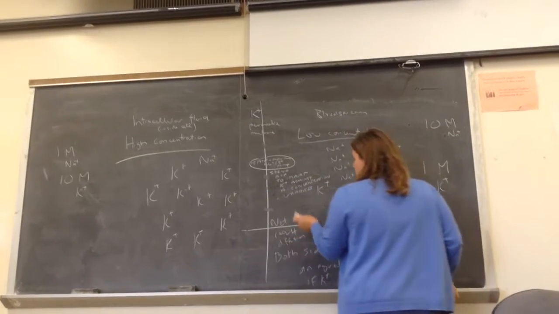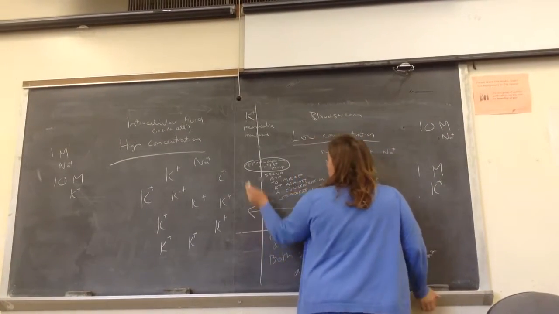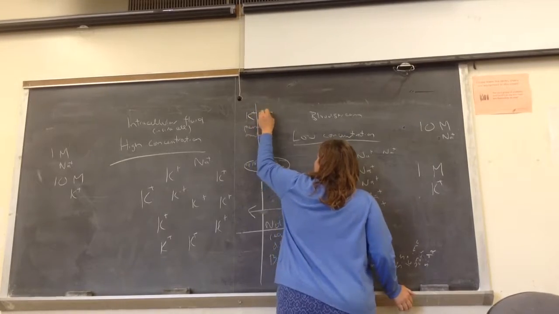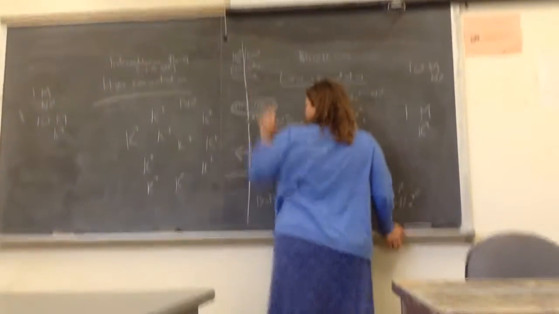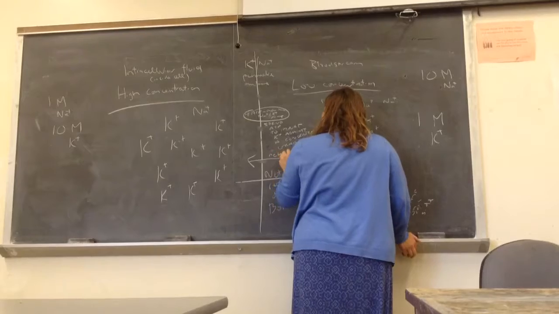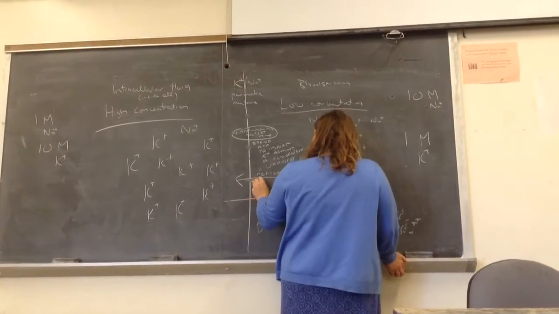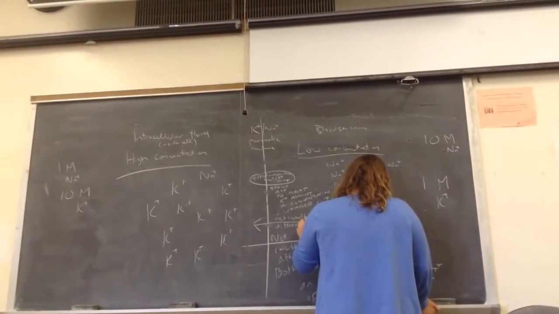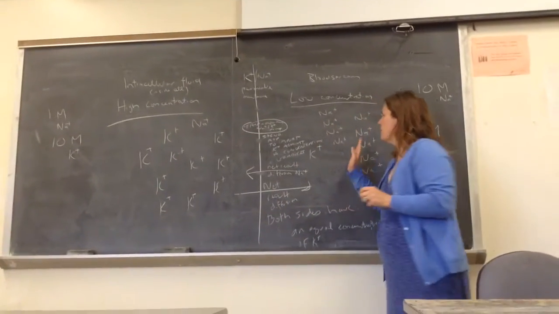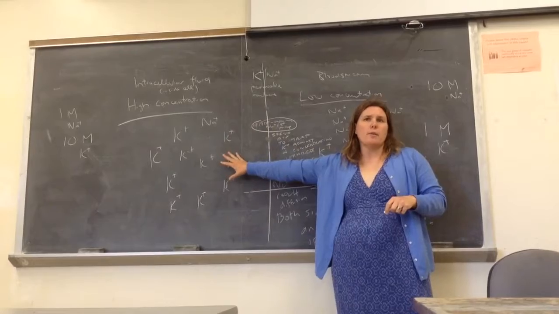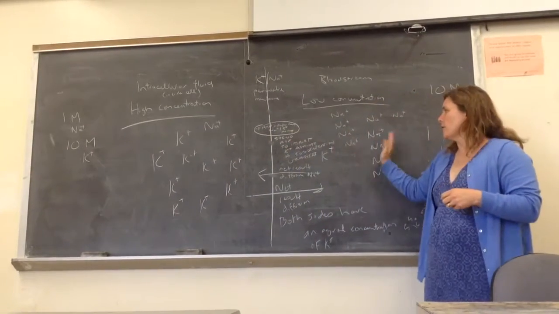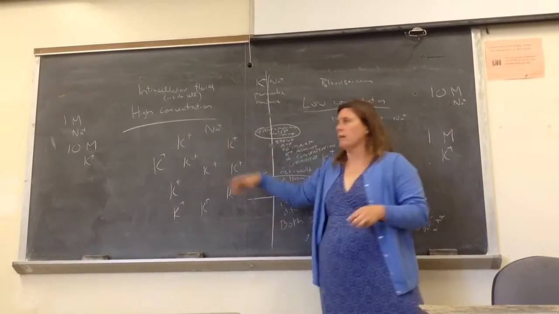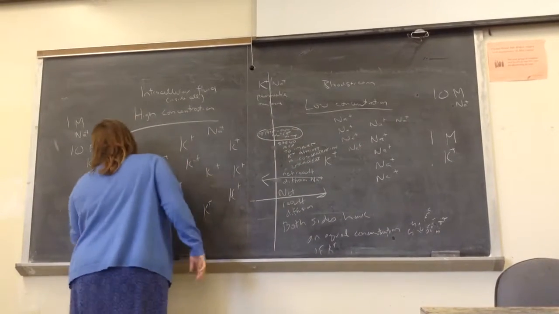The sodium wants to do the exact same thing. If this is permeable, it wants to move through this membrane to make the same number of sodiums over here as over here. So you'll lose some over here and gain some over here. So it wants to look like this.